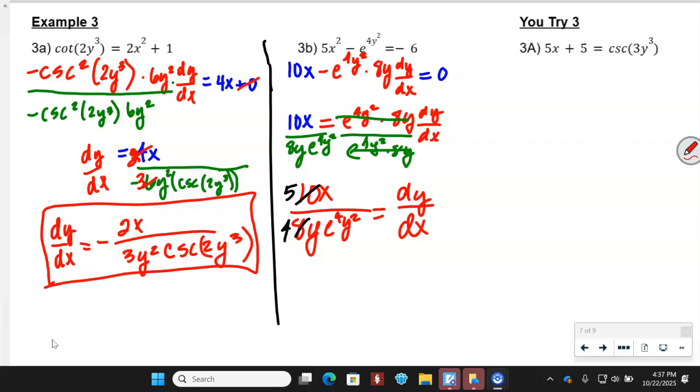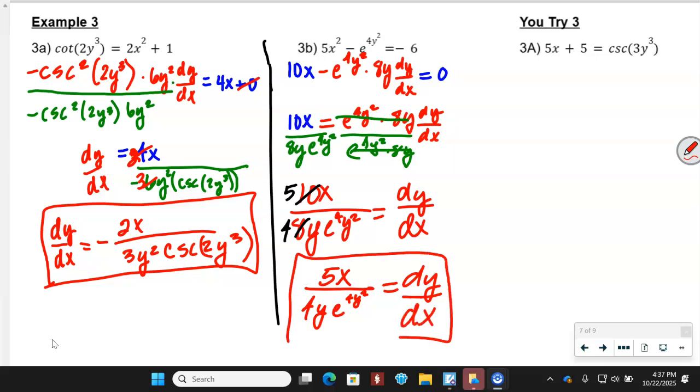So our final answer then is going to be 5x over 4y e to the 4y to the 2nd, that's our power, and that's going to be equal to our dy dx.